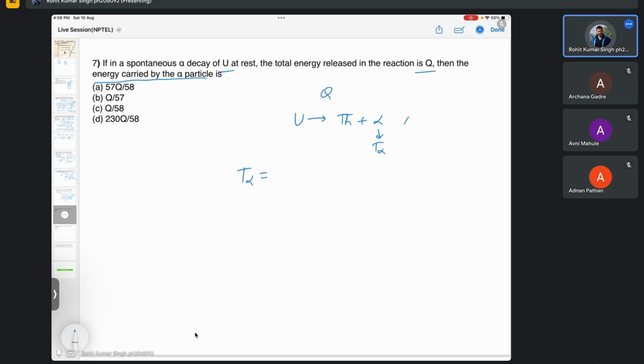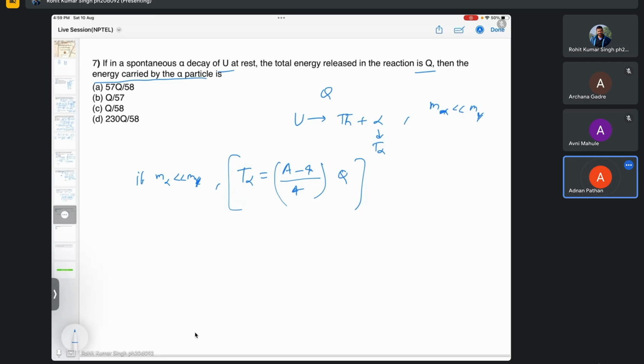If the mass of the alpha particle is very less than the mass of the daughter nucleus, the formula becomes (A minus 4) by A times Q. Are you familiar with this?